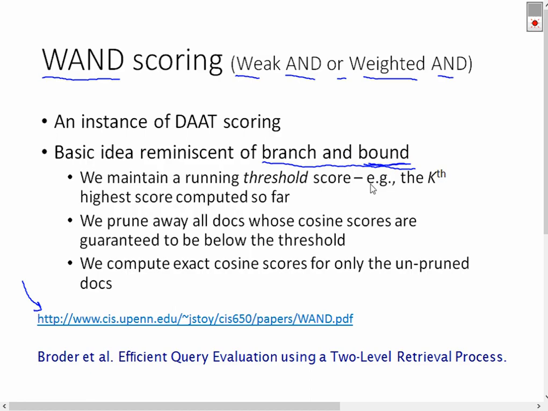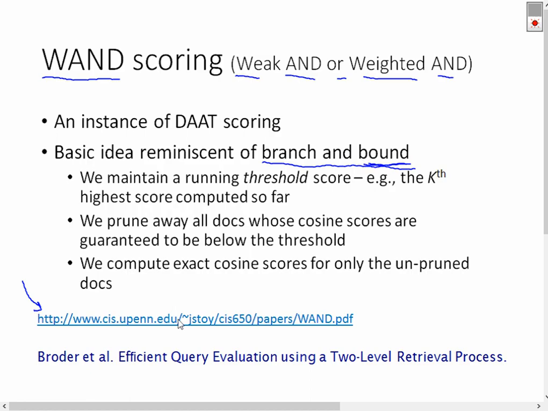I'm going to start pruning stuff when I get near that 100 mark, and I know, using branch and bound, that certain things are going to have lower cosine scores simply because their weights are lower. I don't even need to calculate them, right? And that's one of the advantages of organizing all of the weights as a tree structure.